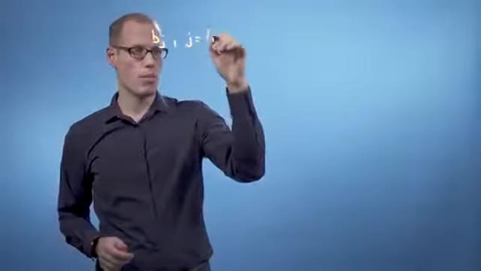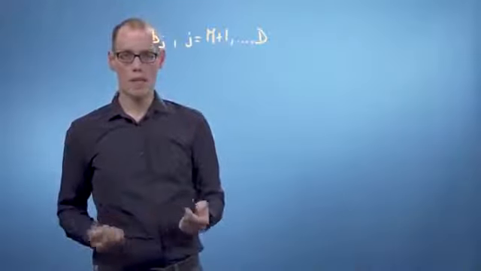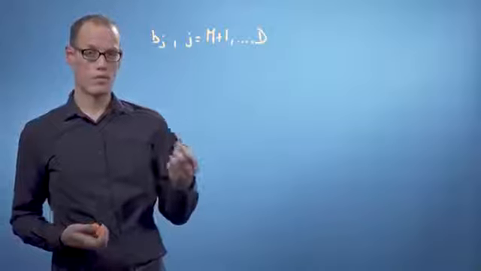Now let's go to the general case. If we want to find the m-dimensional principal subspace of a d-dimensional data set, and we solve for the basis vectors bj, where j equals m+1 to d, we end up with the same kind of eigenvalue problems that we had earlier with the simple example.